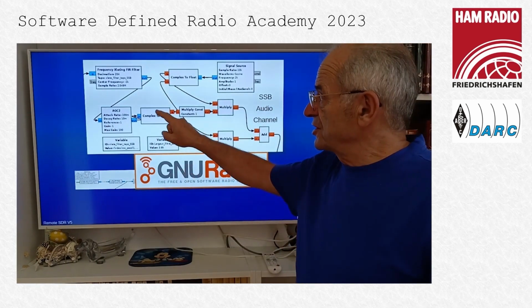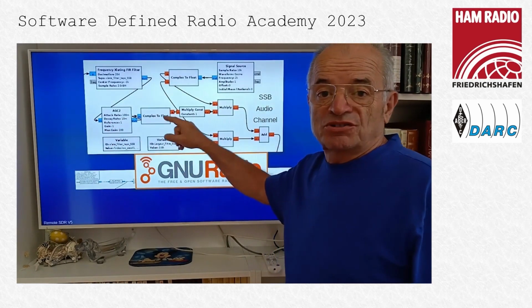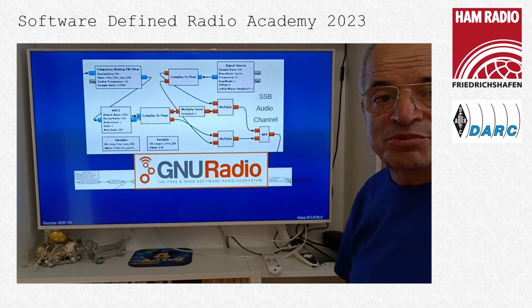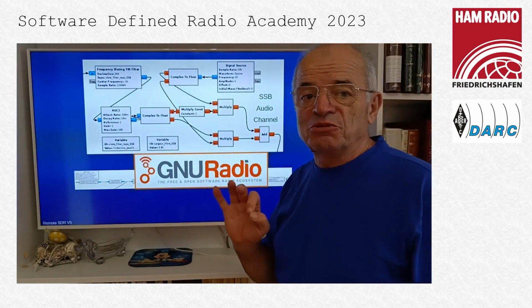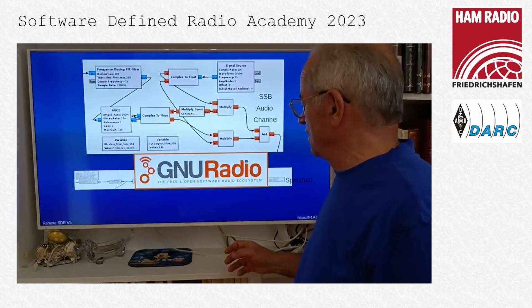So you just have to draw a link to connect these boxes together using your mouse, and you create your signal processing. It's a fantastic tool. I recommend you investigate and analyze it sometime.